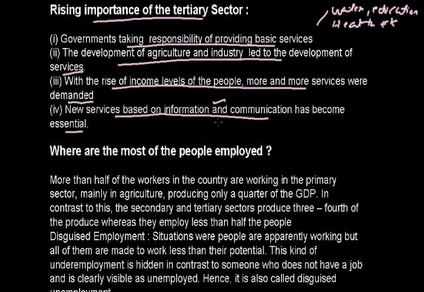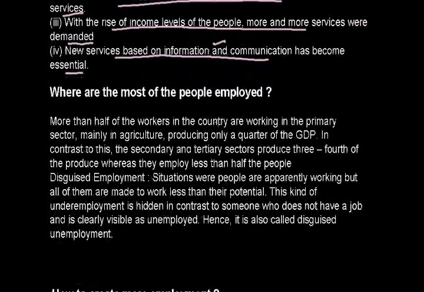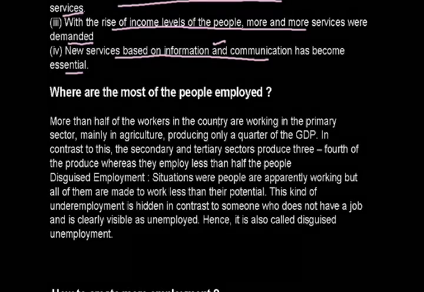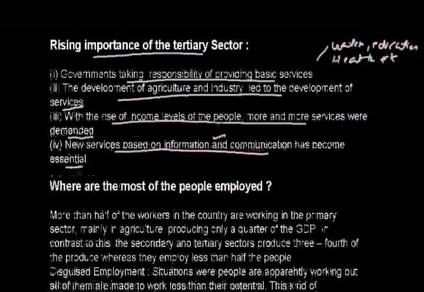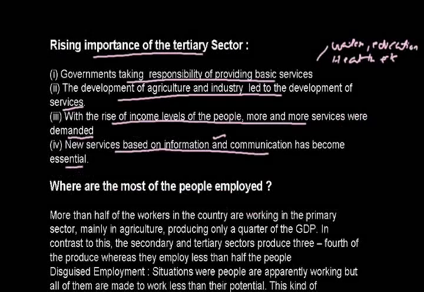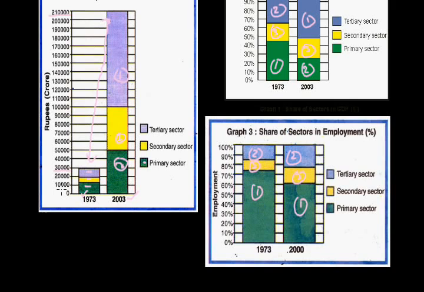If we come towards the next one, where are most of the people employed? Again, if we remember those bar diagrams, we have taken this in the bar diagrams. In the bar diagrams, we have seen that the maximum contributor in the GDP is tertiary sector.